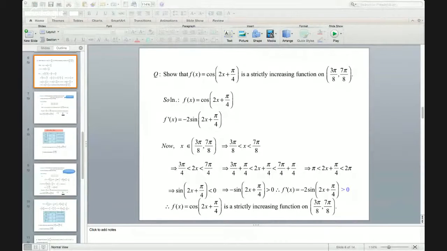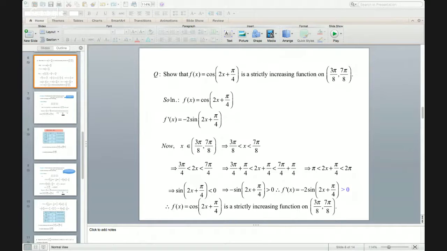Right. So again, when we look at trigonometric functions, the procedure is still the same. It doesn't change anything for us. We are going to be looking at the theorem or result that we discussed earlier, that the function is strictly increasing or decreasing depending on the sign of the derivative of the function.